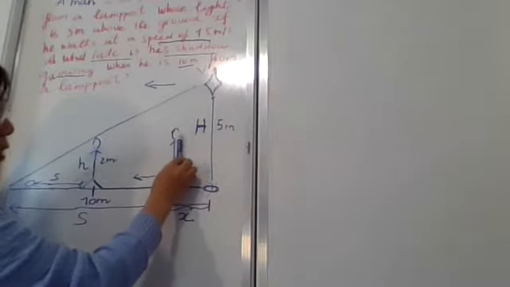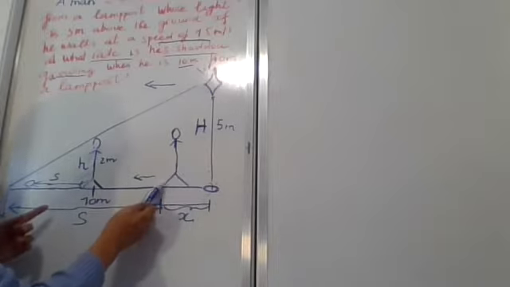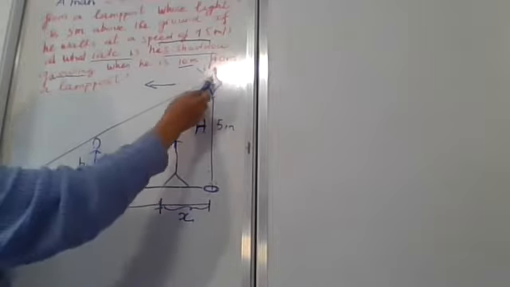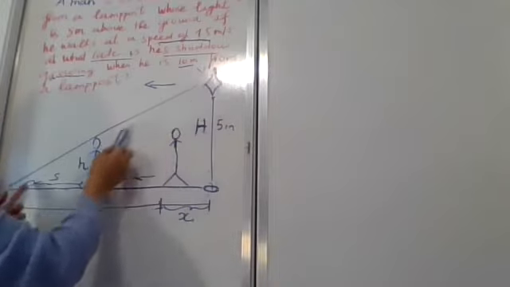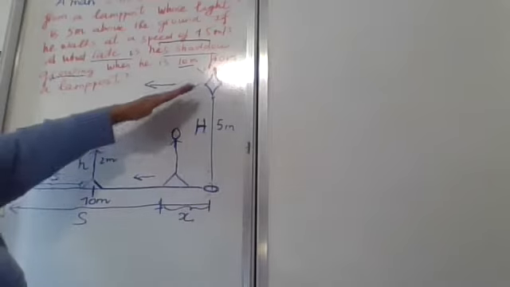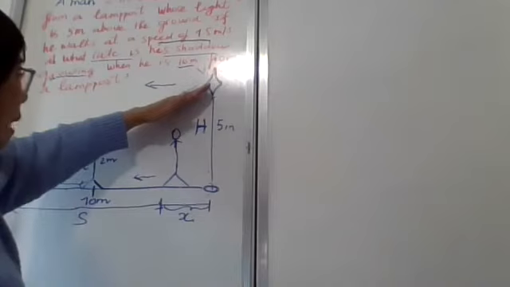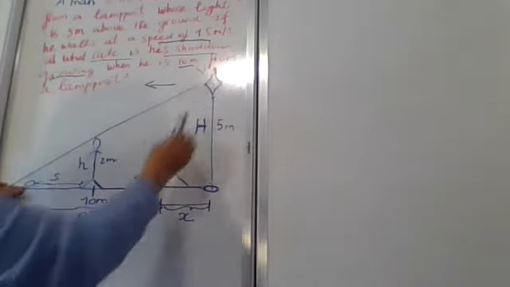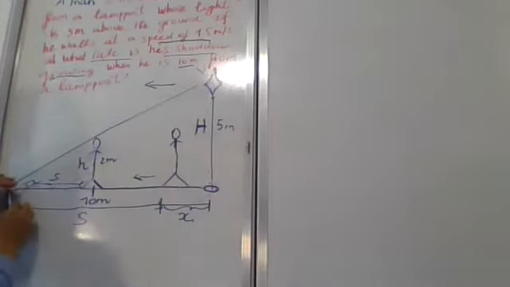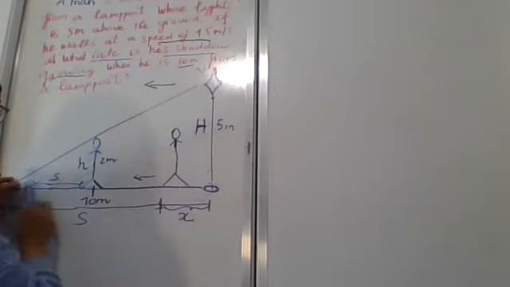He will have a shadow, and this is the line of sight of the light from the lamppost to his shadow.